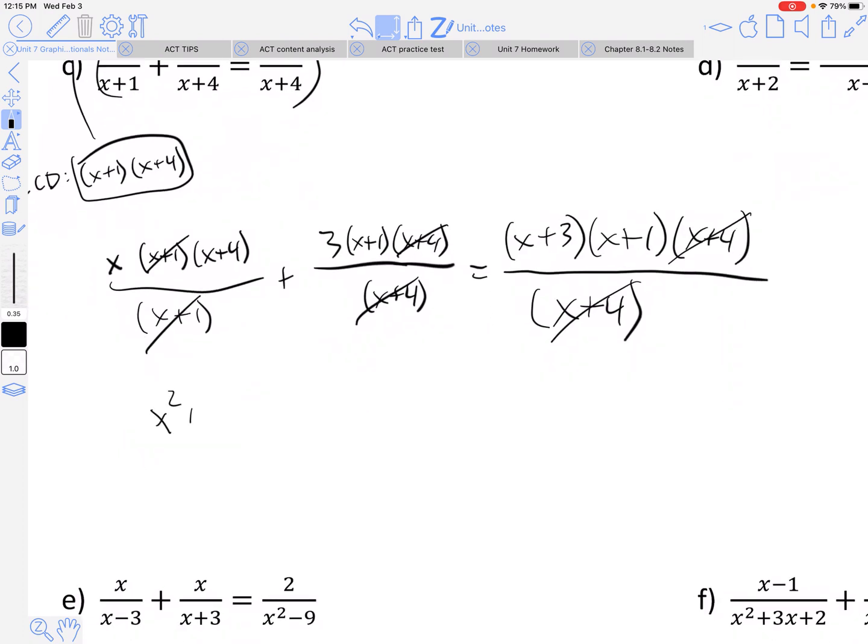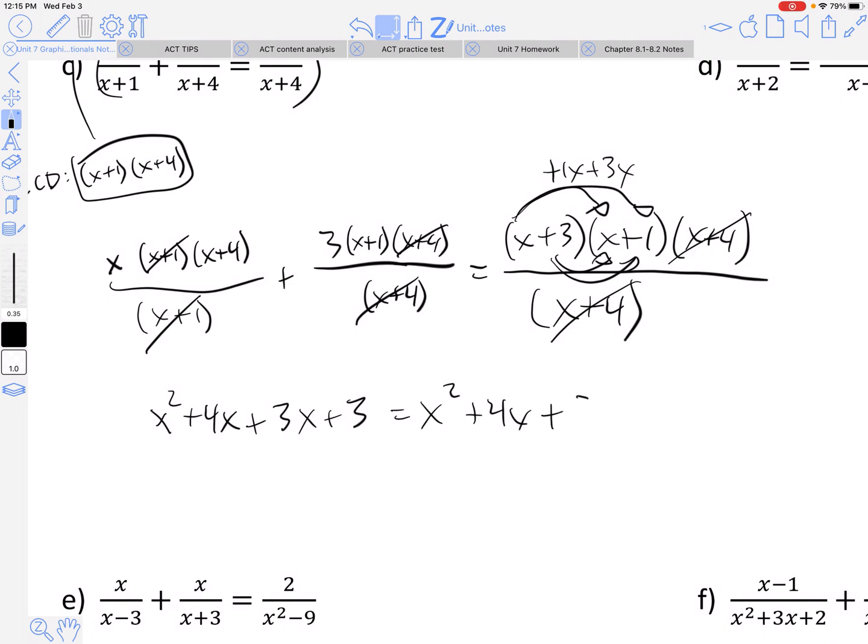So I'll get x squared plus 4x plus 3x plus 3 equals, and then I'm going to multiply these two together, x squared plus 1x plus 3x, that's going to give me 4x's, plus 3.